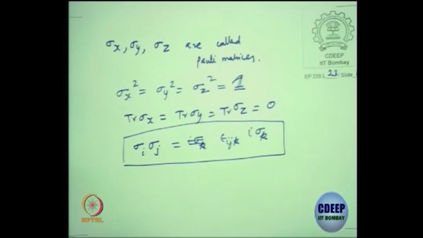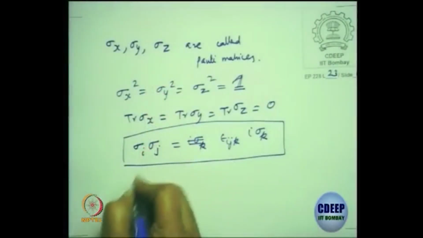This is a compact way of writing what I wrote for sigma x, sigma y is I times sigma z. You can write the commutator of sigma i, sigma j as epsilon ijk I times sigma k. Can I write further?